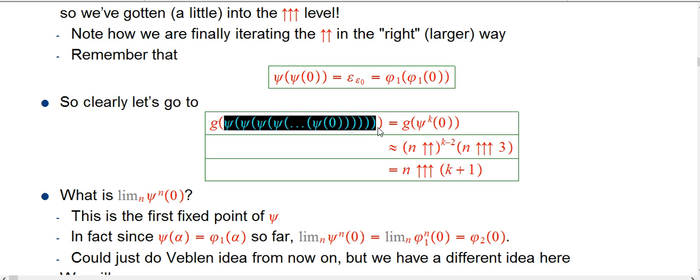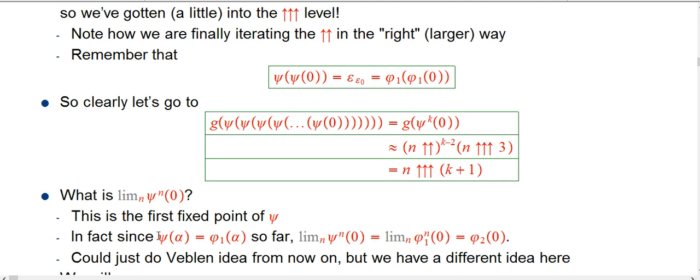This is interesting in itself for some fixed k, and it's a big ordinal, but what about the limit of those guys? Well, of course, that's the standard way of producing the first fixed point of a nice function, to be technical, a normal function of ordinals. You just do it over and over and over again and take the limit, and doing one more psi won't do anything new for you.